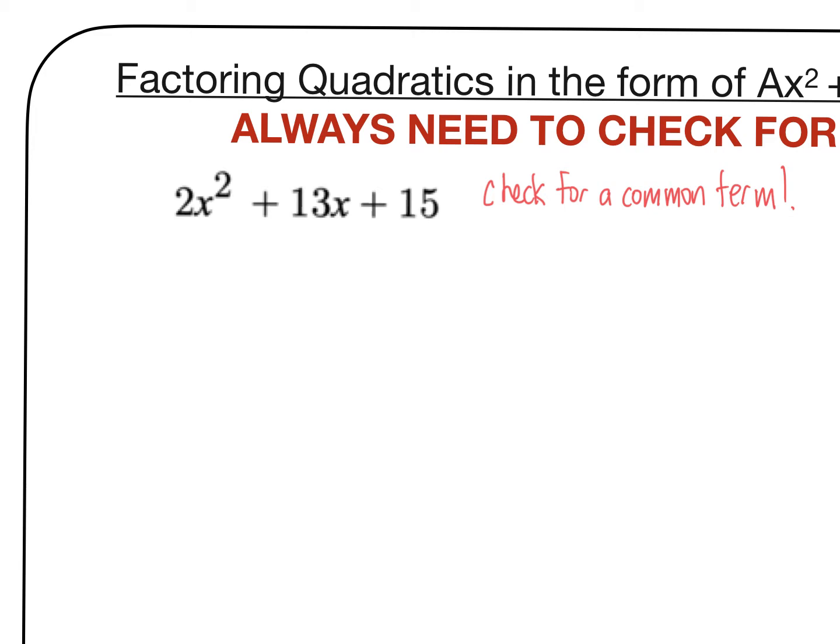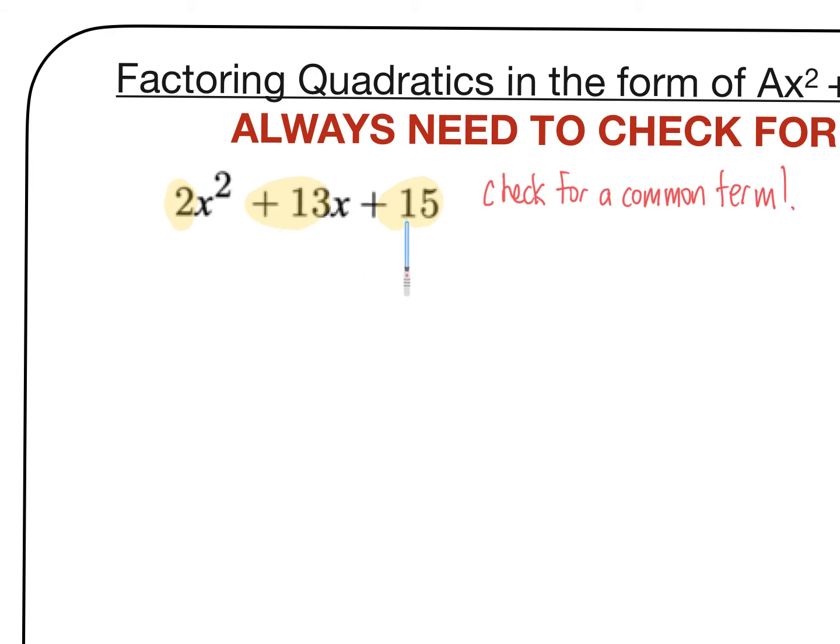The way that you do that, and the quickest way I think for most people after they get some factoring down, is to look at these numbers and see, is there a number that can divide each one of those evenly? Is there a number that can divide into 2, 13, and 15 evenly?